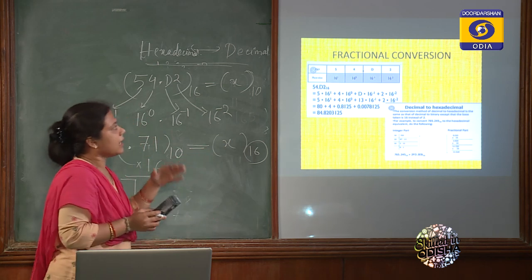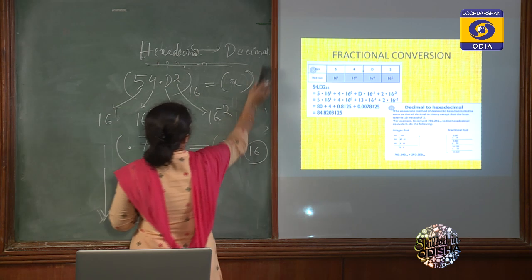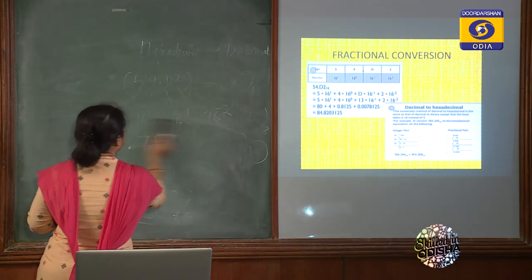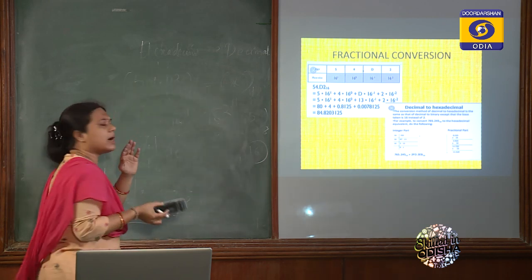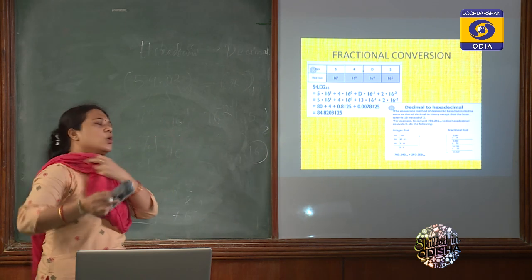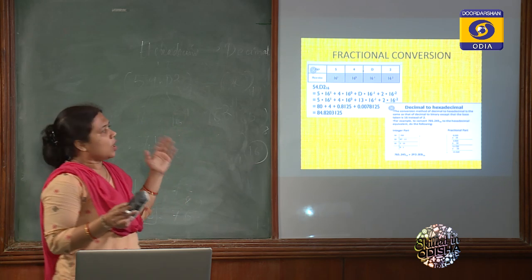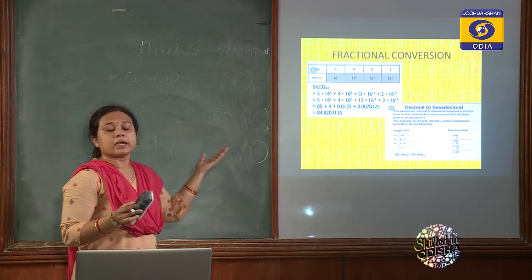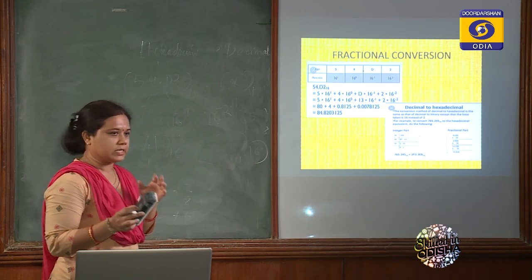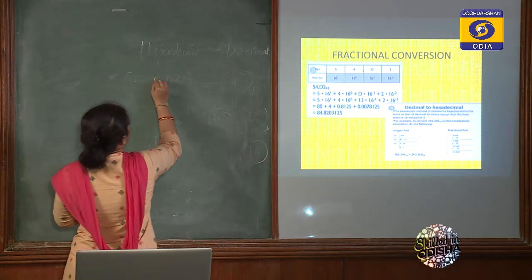So in this way we go for fractional conversion. Next, there is another way of converting between number systems. We can go from hexadecimal to decimal or octal to decimal, and then convert those decimal numbers to the equivalent binary numbers. Otherwise, I can directly write it like this.